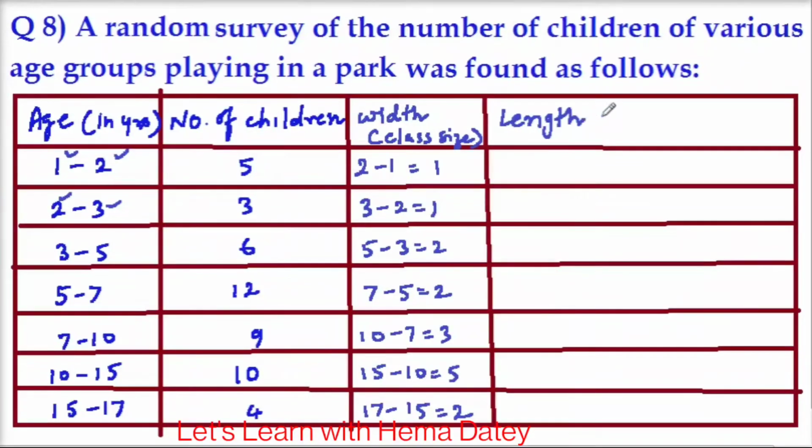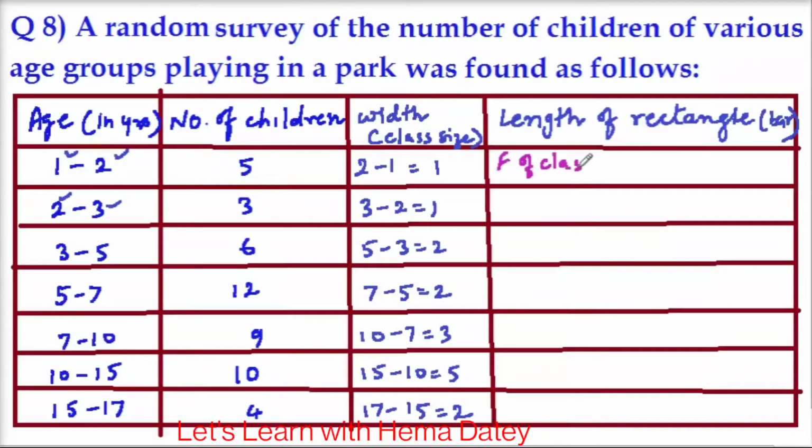Now we need to calculate the length of each rectangular bar, or we can say we need to adjust the frequencies, because in a histogram the areas of the rectangles are proportional to the frequencies.